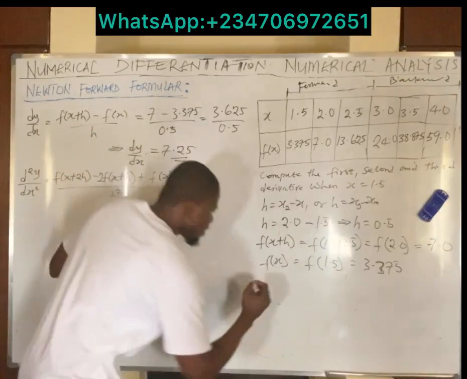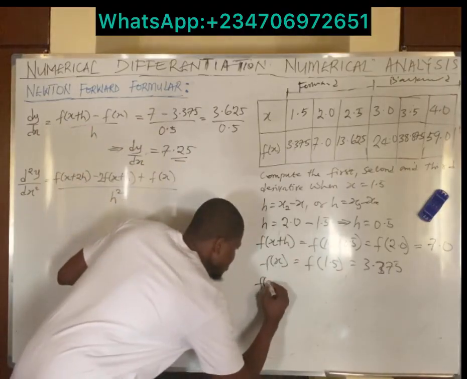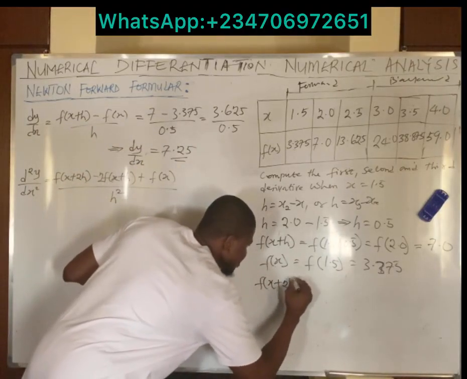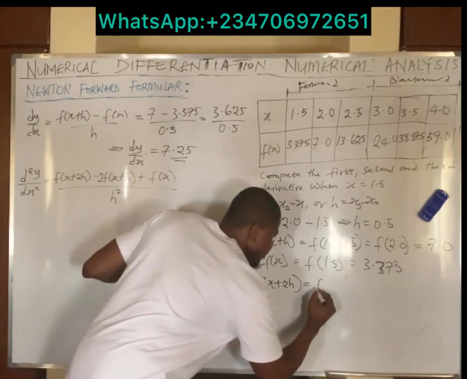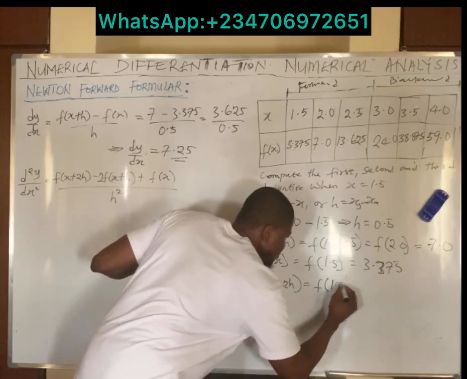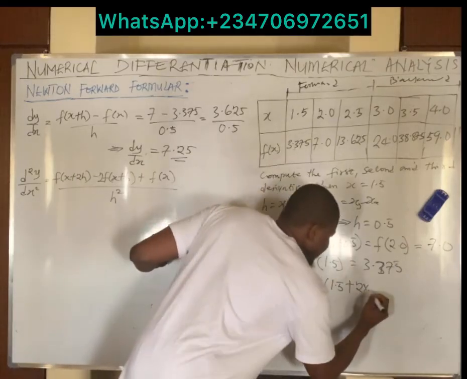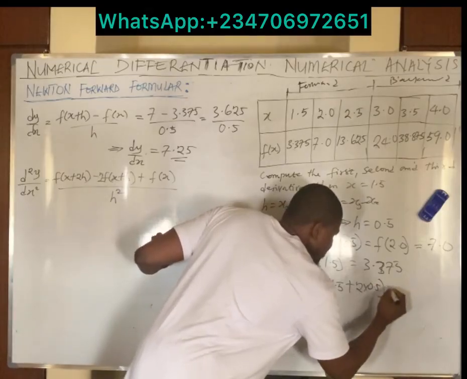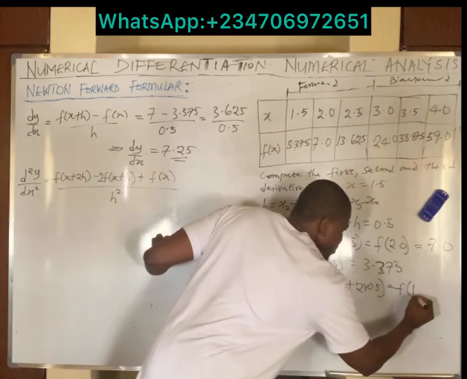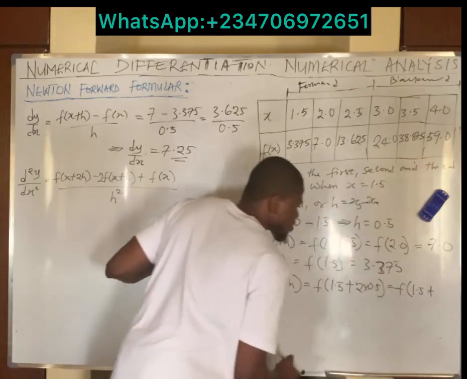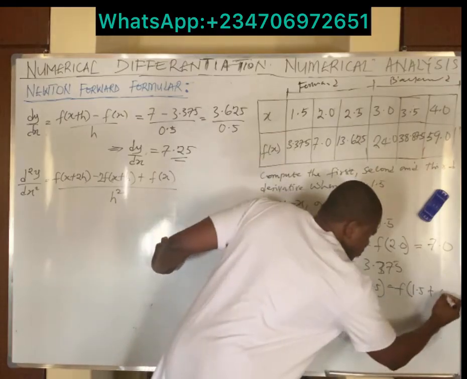Okay, so f(x+2h) simply means f of, remember x is 1.5, the point of interest, plus 2 times the interval. The interval is 0.5, so 2 times 0.5 simply gives us 1.